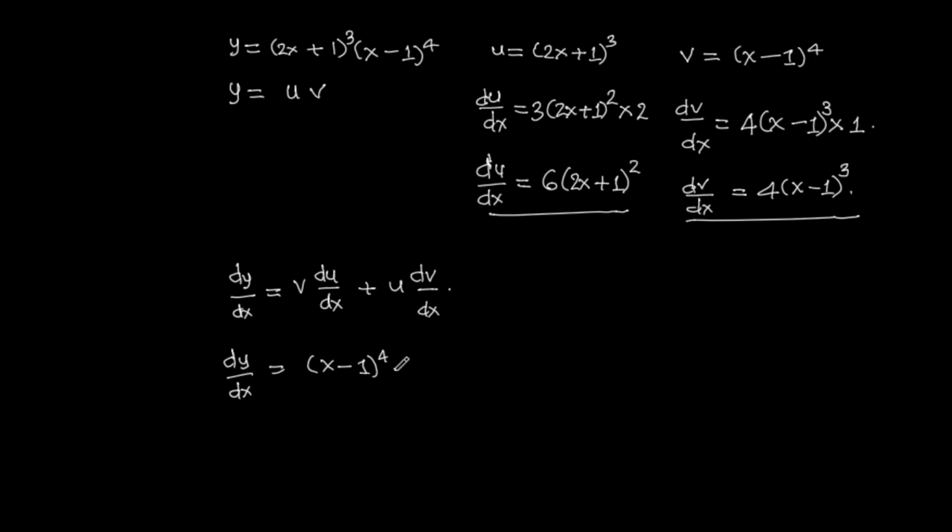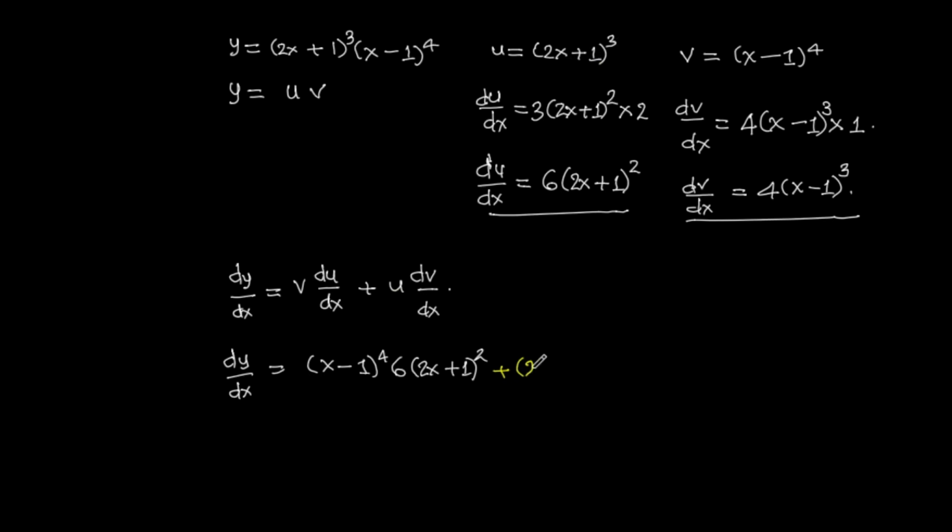Then times du by dx, and du by dx is this quantity here, and that is 6 (2x plus 1) raised to power 2. And then we have here plus u, and our u is (2x plus 1) raised to power 3.